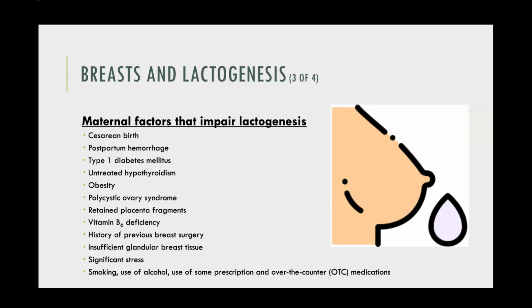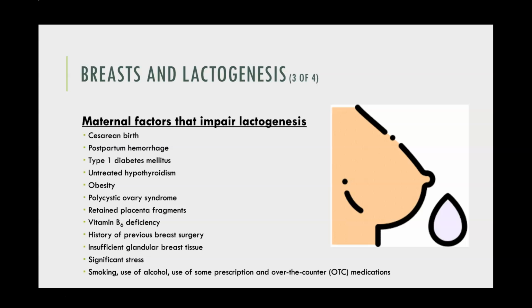Women with type 1 diabetes, hypothyroidism, obesity, polycystic ovarian syndrome, all things that have to do with hormones. If moms have retained placenta fragments, that can impair lactogenesis, because the retained placenta is continuing to produce progesterone, which will inhibit this process.